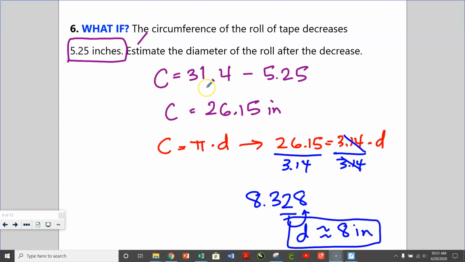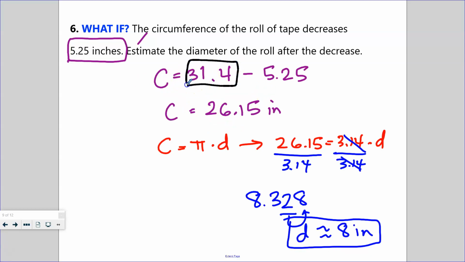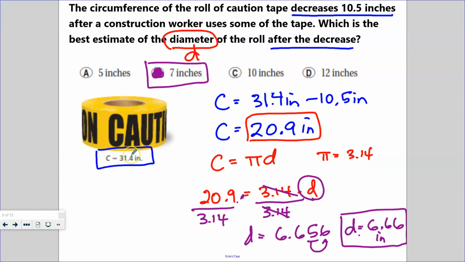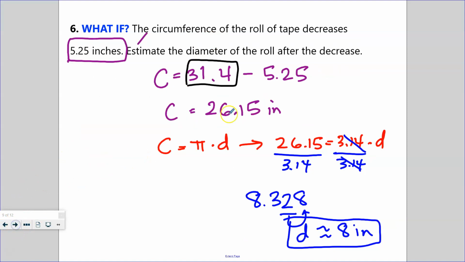All right, so I worked this out. I found my circumference. I took this piece right here from the previous page, right? So it said the roll of tape was 31.4 inches. I subtracted off how much tape was used. I ended up with 26.15 inches left of the circumference of the tape.